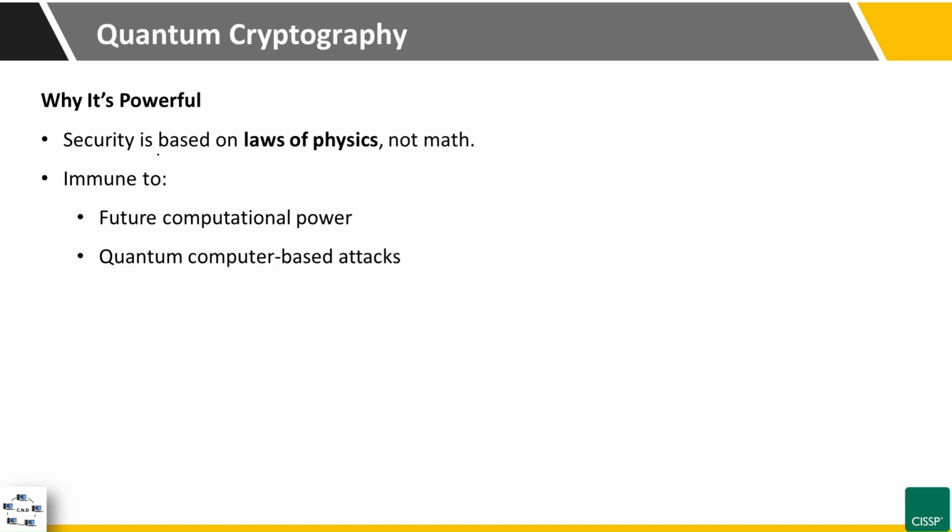So why is it so powerful? It is because security is now based on the laws of physics, not mathematics, and it is immune to future computational power and quantum computer-based attacks. The current cryptographic algorithms that are based on mathematics are prone to computational power as well as quantum computer-based attacks.